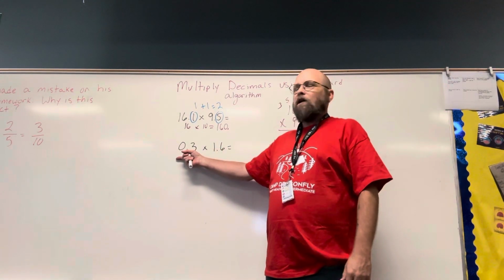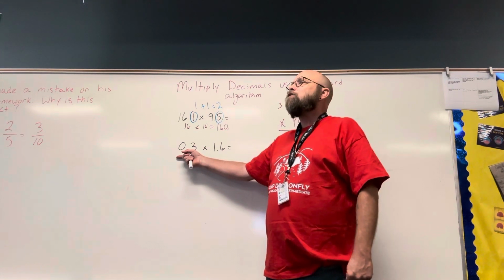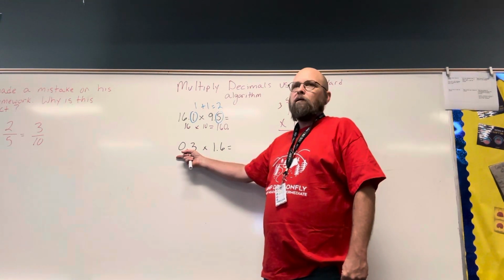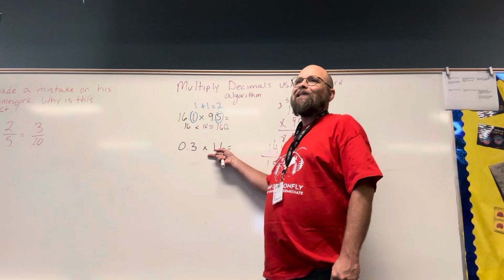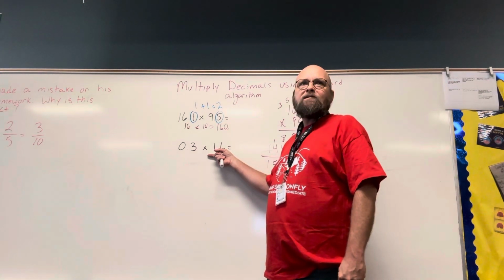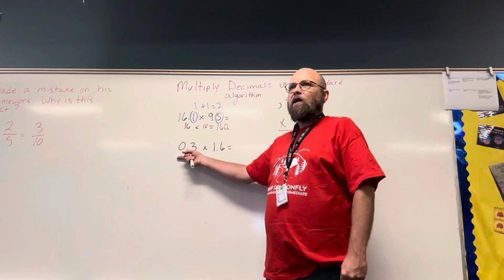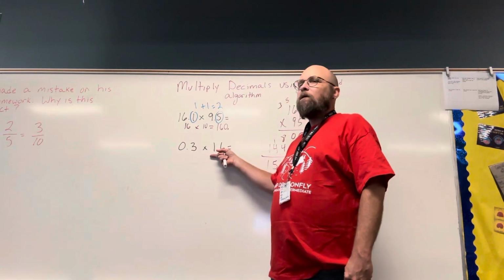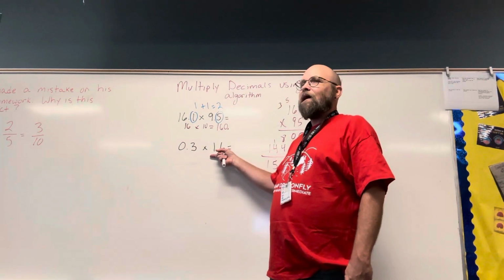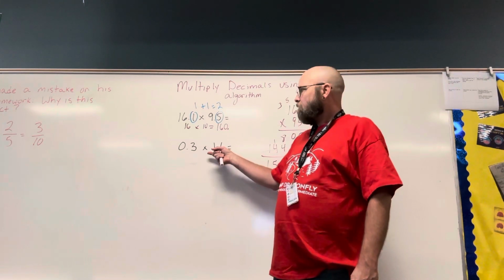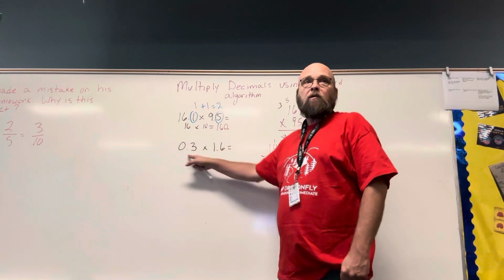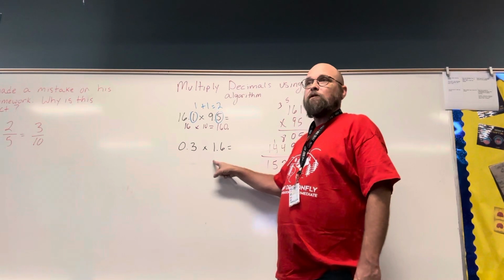If I multiply 1 6/10 by something smaller than 1, my answer is going to be less than 1 6/10. So when I'm finished solving this problem, my answer should be less than 1 6/10.